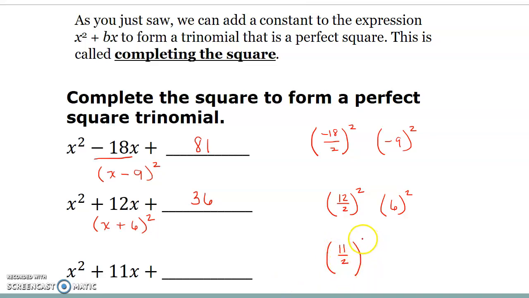So half of my b value and square it. 11 halves squared is going to be 121 fourths. And I would add 121 fourths to both sides. Then when I factor this, I will have x plus 11 halves squared.